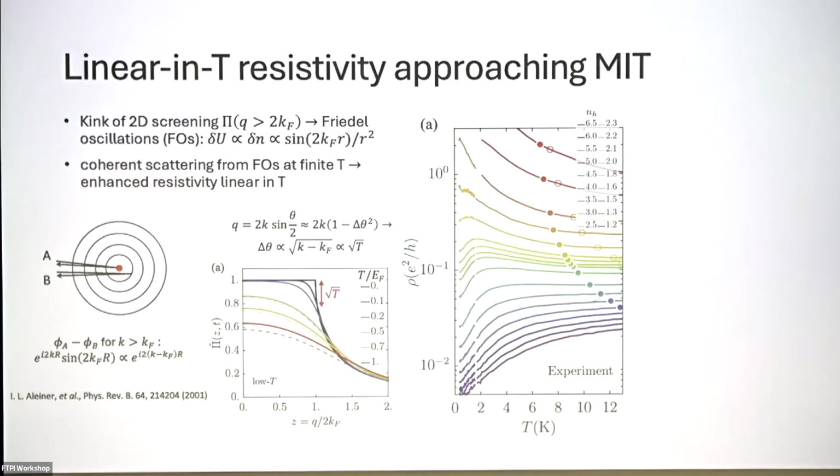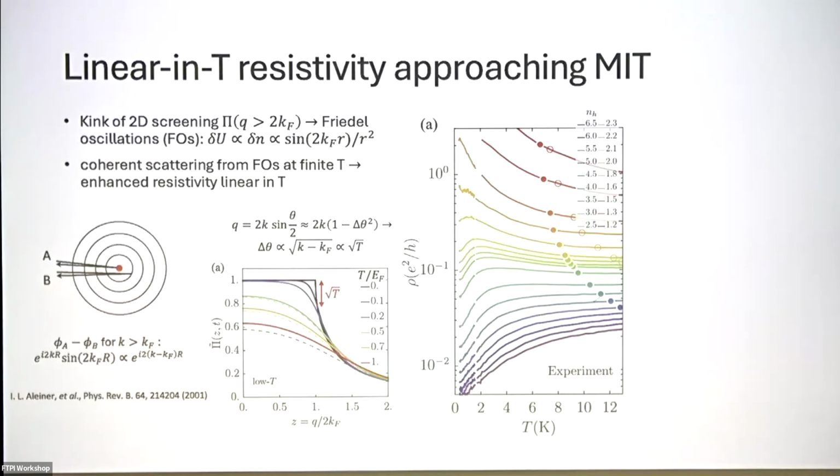So this is a schematic picture of these Friedel oscillations, and that's a correction to your usual Thomas-Fermi screening. If electrons are doing backscattering, then there's a coherent scattering because of this periodic Friedel oscillation structure. And the coherent scattering will enhance the scattering probability and leads to an increase of resistivity as observed here.